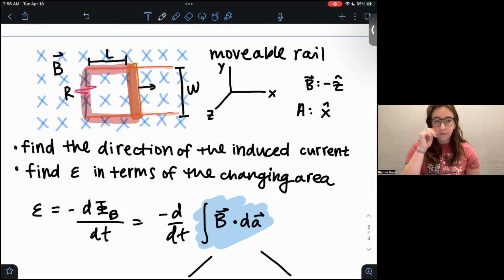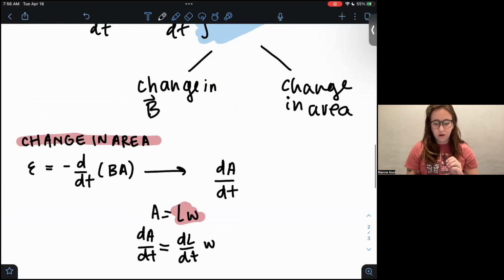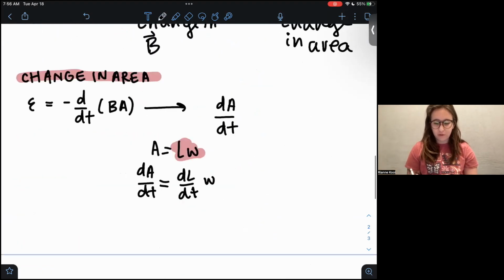So dA dt is now equal to dL dt times W. Does that make sense? Our length is changing as a function of time, so we take the derivative of that, and our width remains the same. So our area is the thing that's changing. That is how we could do that.